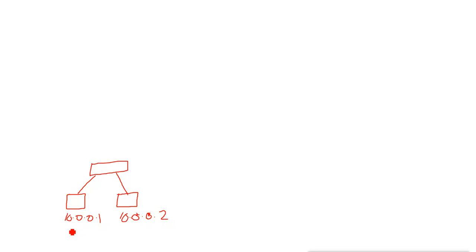Because they are class A, their subnet mask is 255.0.0.0. That means the first part is the network part and the rest is the host part.